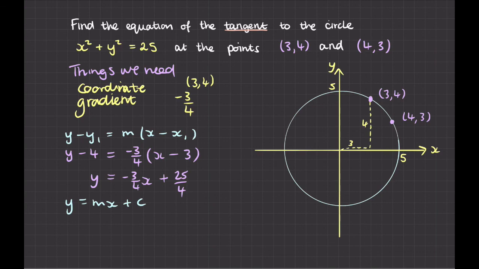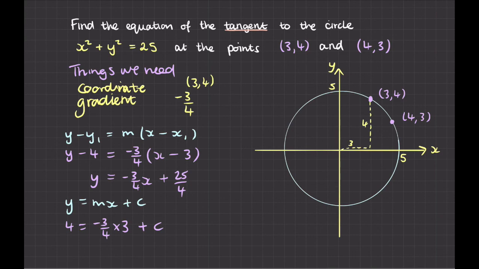Okay, if you did it the other way, you substituted it into your y equals mx plus c, what would our values be? So our y value is 4, m is minus 3/4, x is 3, plus c, so you just need to work out what my plus c is. So I'm going to do 4, take away minus 3/4, times 3.